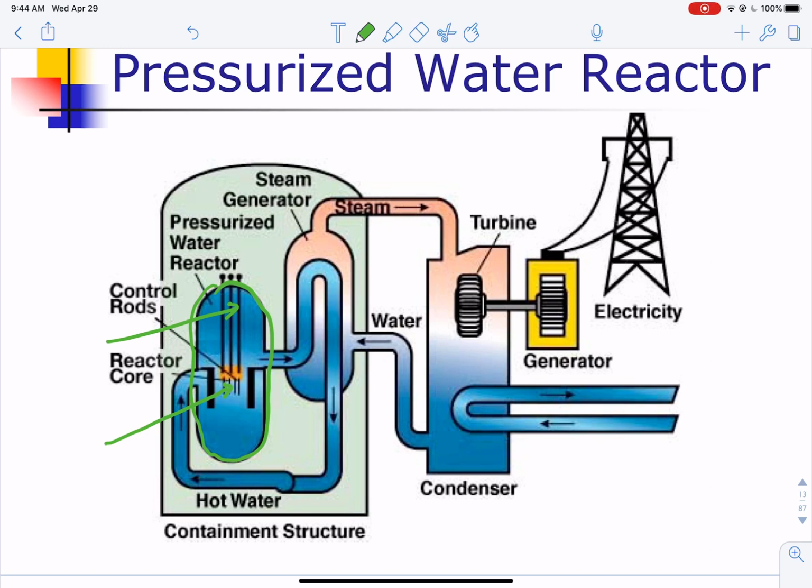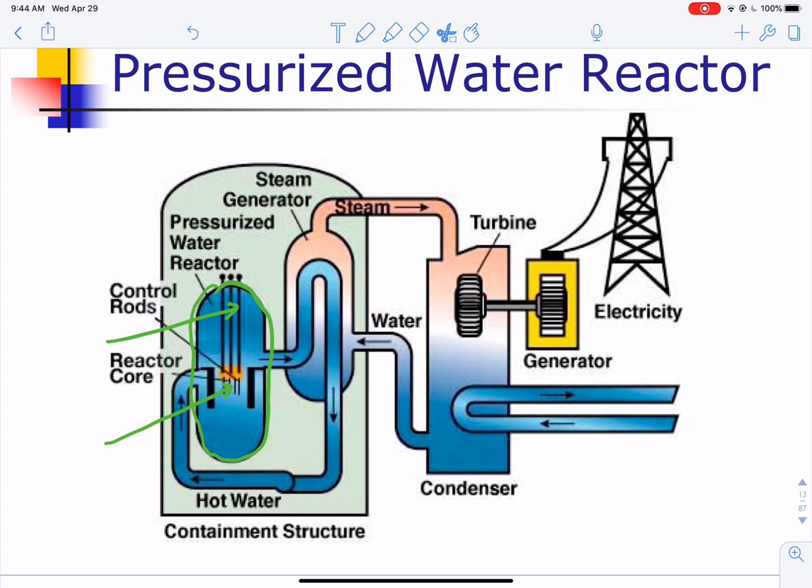Notice that they are gravity fed, which means when they are lifted up, they are held in place by an electromagnet, and if for whatever reason the electricity is lost, the electromagnet, of course, then doesn't exist anymore, and these control rods would fall down into the middle of the fuel rods, which contain the pellets of uranium-235, 5%, the rest uranium-238, or plutonium-239, and absorb the neutrons to shut down the chain reaction.